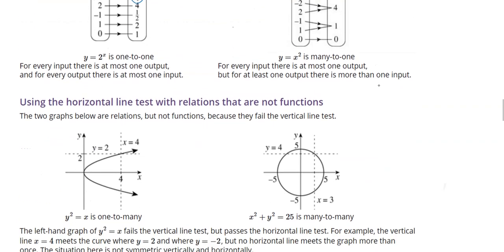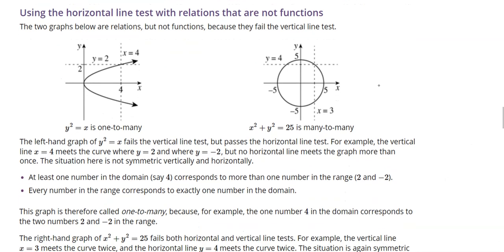Using the horizontal line test with relations that are not functions. Again, we are effectively told that these are not functions, therefore they have all failed the vertical line test. So straight away, we know they failed the vertical line test. Our only options here are one to many or many to many.